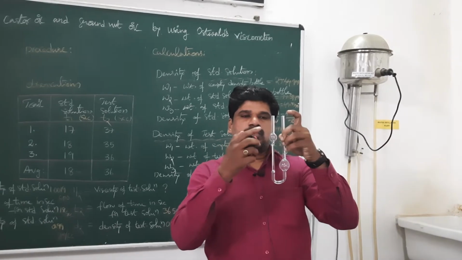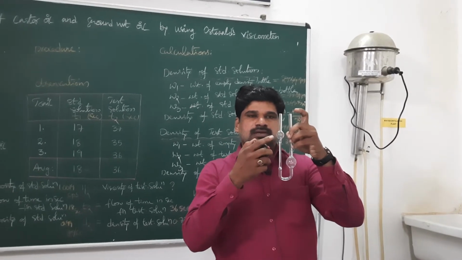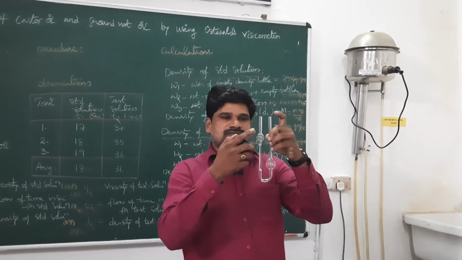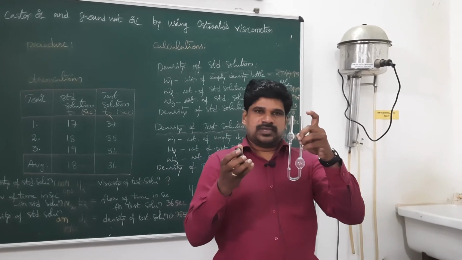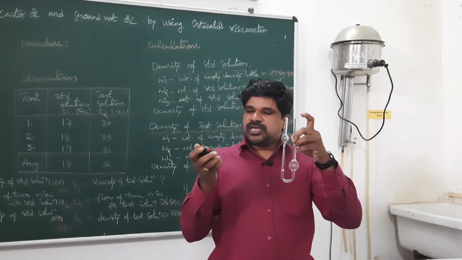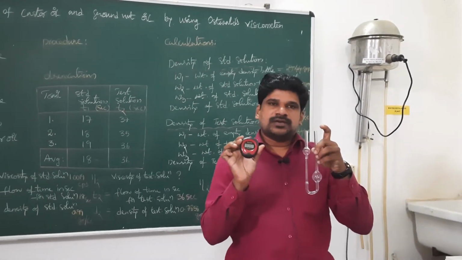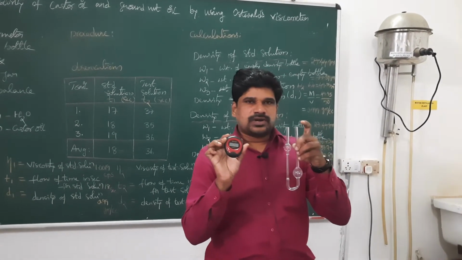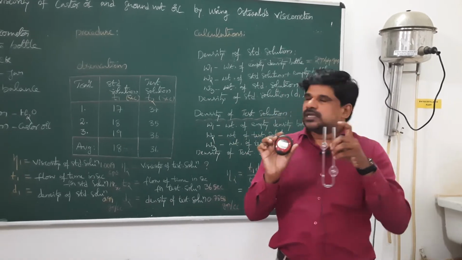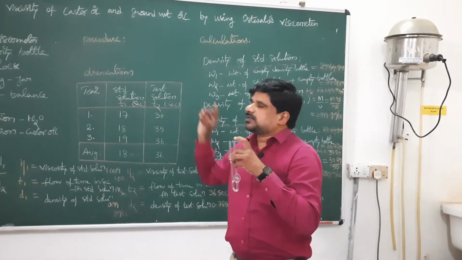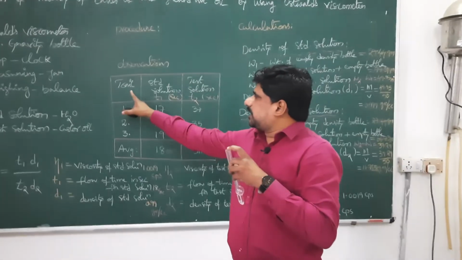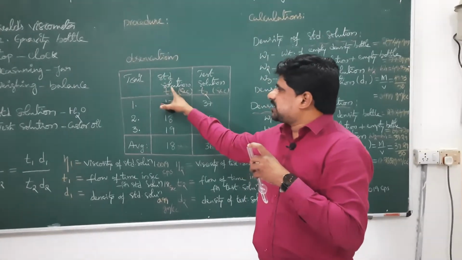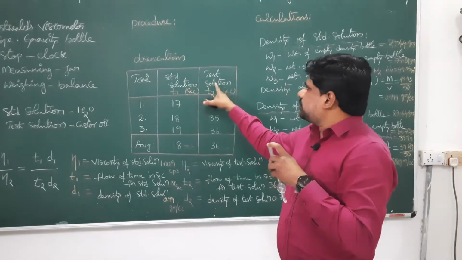From mark A to mark B, once the liquid flows, how much time it takes can be measured with the help of the stopwatch, and you have to record this time in a tabular form like this. This table contains trial, standard solution time and test solution time.